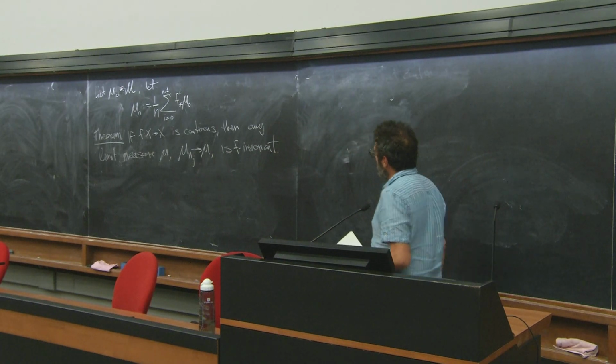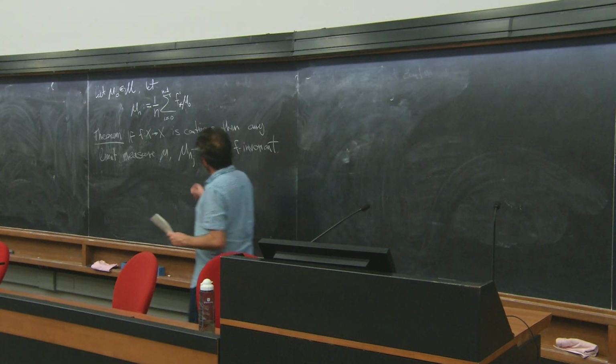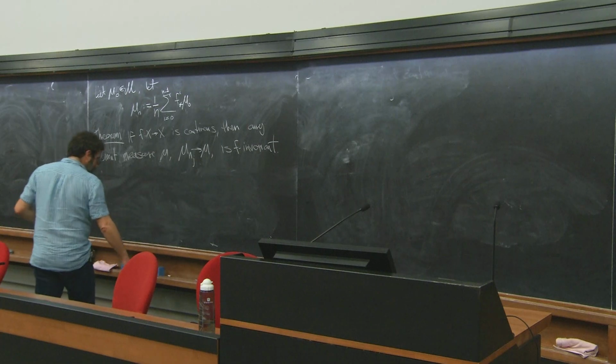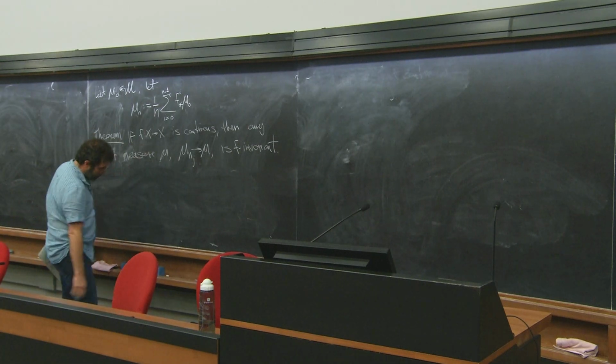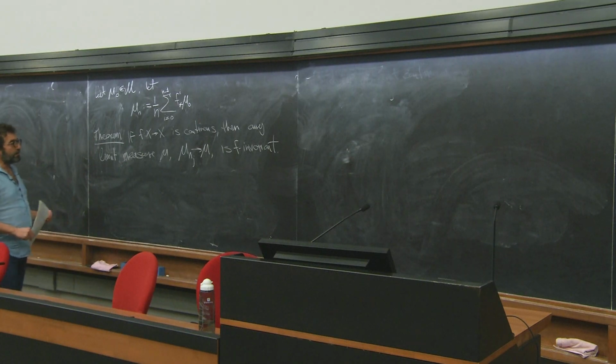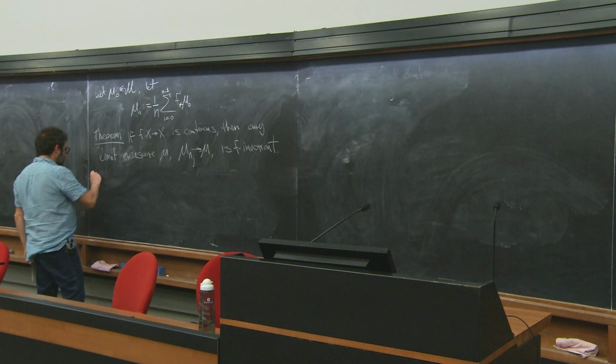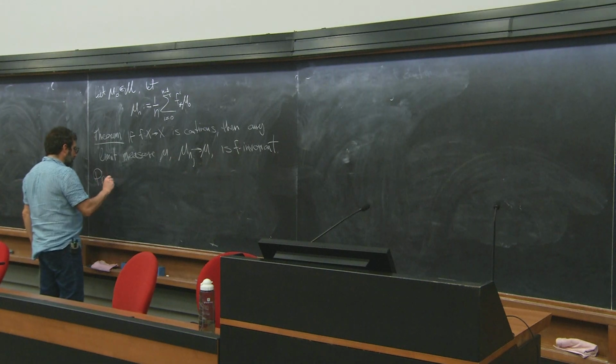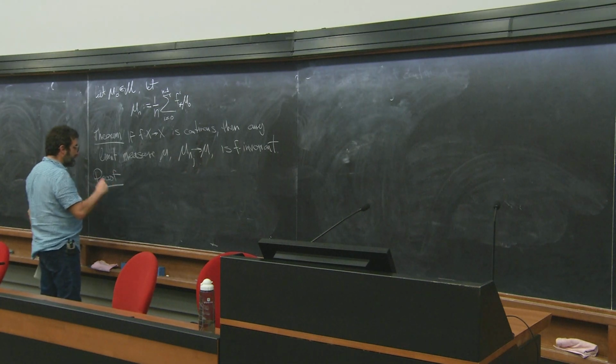Okay, so we're going to prove this theorem now, which is an important theorem, and we start getting a feeling for the kind of arguments that we use in this kind of situation. It's quite simple. It's 2 steps.